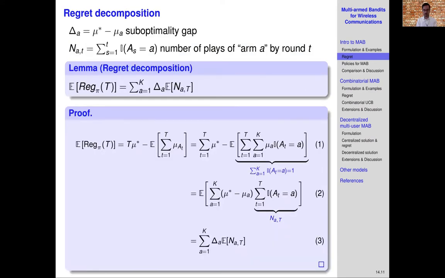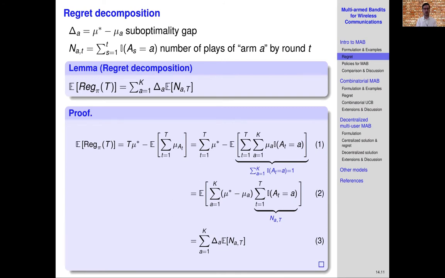So in the K-arm bandit problem, there is a well-known regret decomposition, which relates the regret with the number of times bad arms are played. For this, let delta A represent the difference between the expected reward of the optimal arm and arm A. That is called the suboptimality gap. Arms with positive suboptimality gaps are suboptimal.